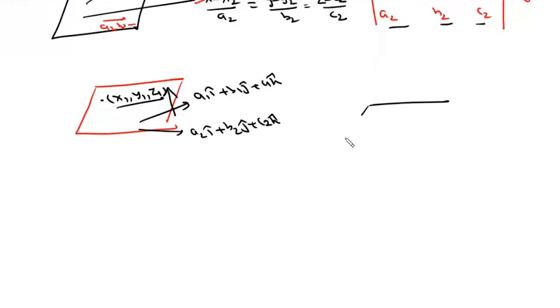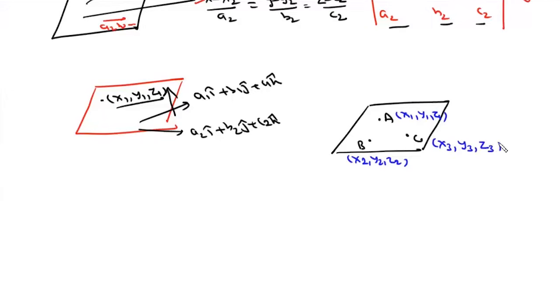Now we can also have this condition when we are given 3 points in the plane, say A, B and C. This is x1, y1, z1, this is say x2, y2, z2, and this is x3, y3 and z3. In order to write the equation of this plane, we'll take any one point, say x minus x1, y minus y1, z minus z1, and then we need two vectors in the plane, or parallel to the plane.